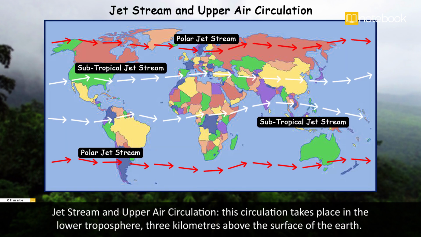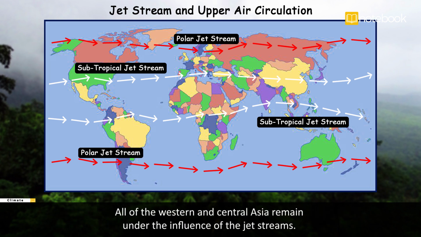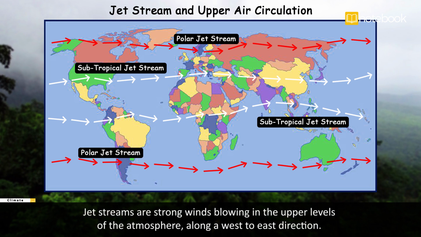Jet stream and upper air circulation. This circulation takes place in the lower troposphere, 3 kilometers above the surface of the earth. All of Western and Central Asia remain under the influence of the jet streams. Jet streams are strong winds blowing in the upper levels of the atmosphere along a west to east direction.